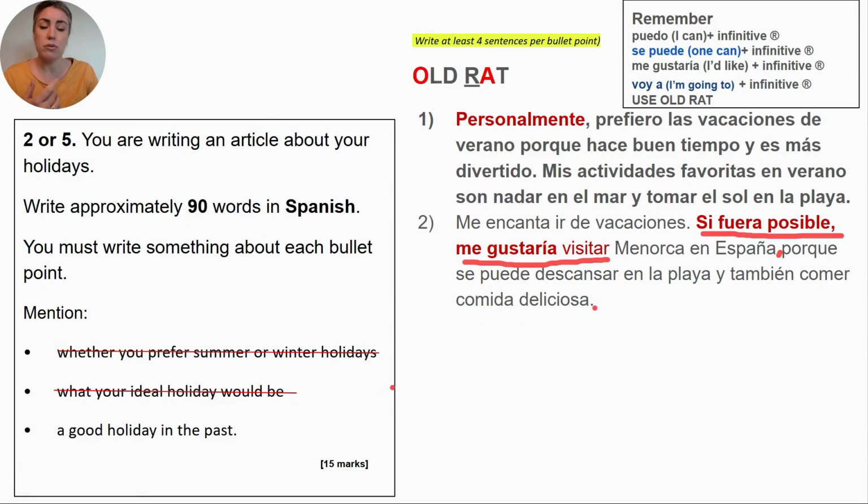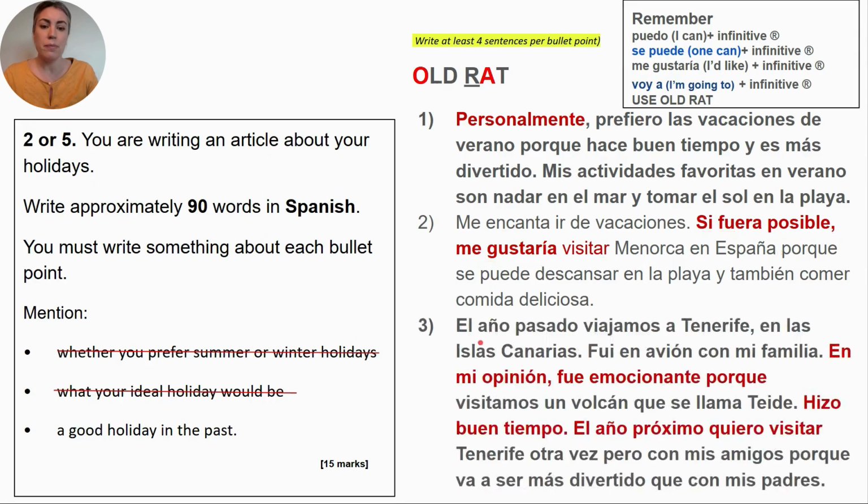And then finally, a good holiday in the past. I know I have to use the past tense. So here we go: el año pasado, viajamos a Tenerife en las Islas Canarias. We traveled to Tenerife in the Canary Islands, and I am giving an example of where it is, developing and giving more information. Fui en avión con mi familia, more detail.